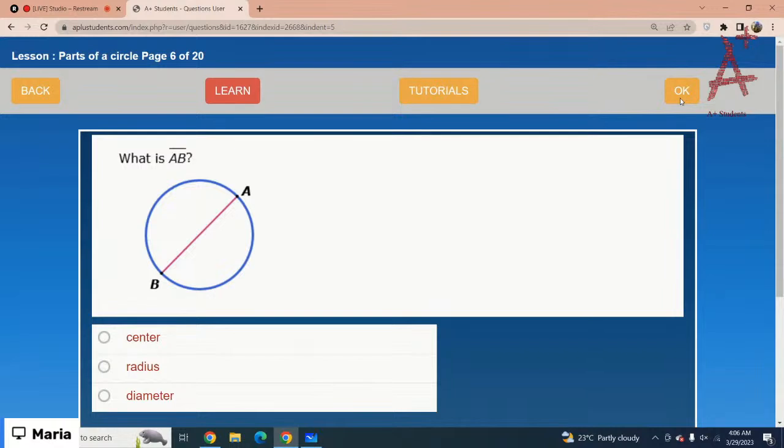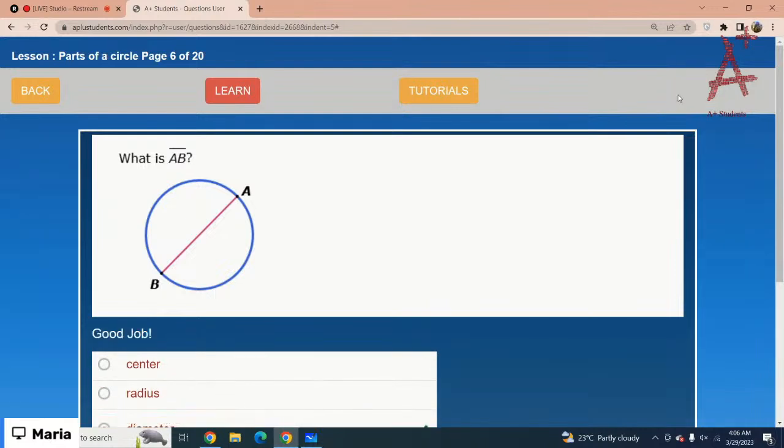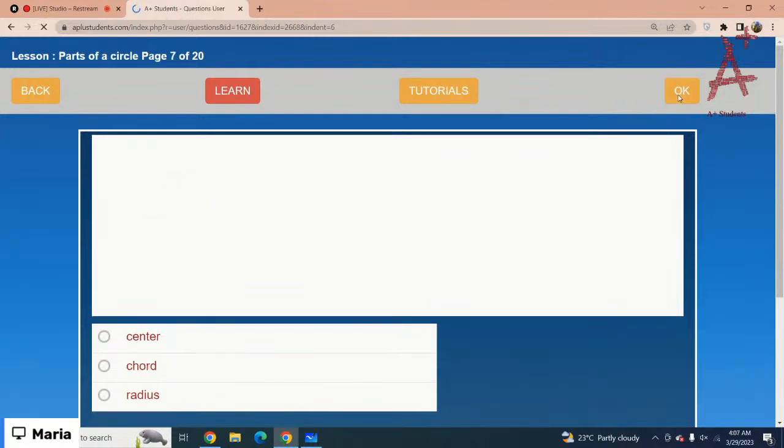It is passing through the center, so it would be the diameter. What is BW? Center, chord, radius, which is the correct option? That is a line passing through two points on the circle, so that would be the chord.